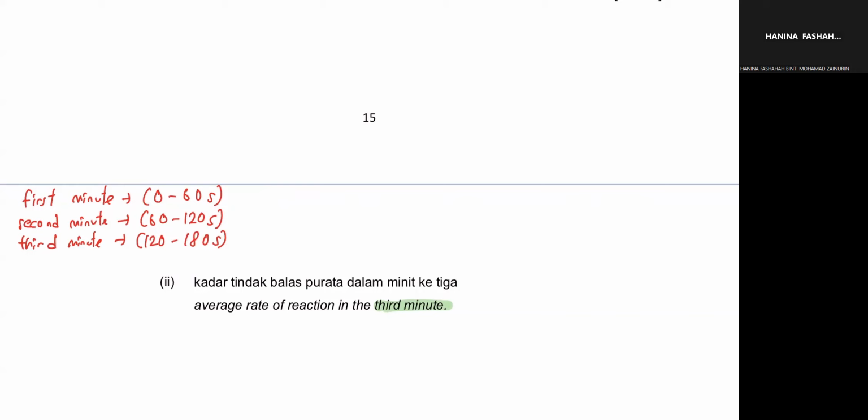Okay, so let's say if the question asks the first 2 minutes. Now the first 2 minutes is different from the second minute. First 2 minutes means 0 to 120 seconds. If it's the first 3 minutes, then it's 0 to 180 seconds. I just write it out because I don't want you to confuse.